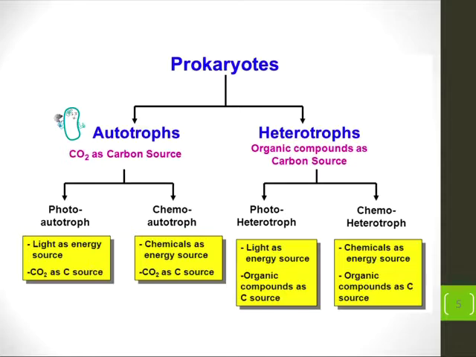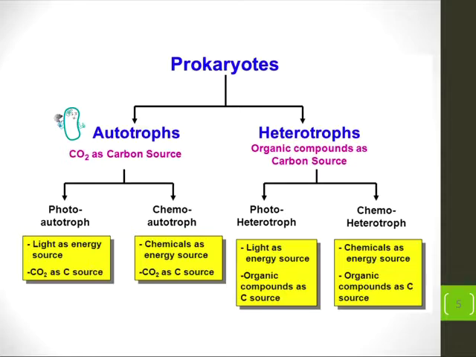Now, we can break these groups further into photoautotrophs and chemoautotrophs. The photoautotrophs will use light as a source of energy. The chemo will use chemicals as a source of energy.